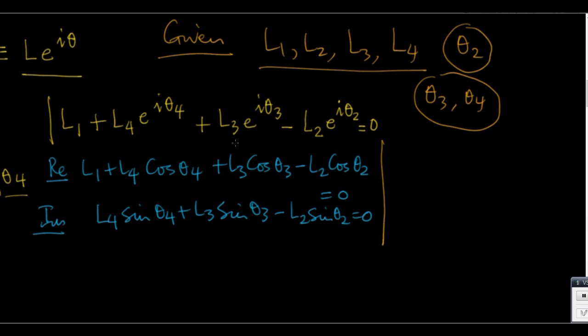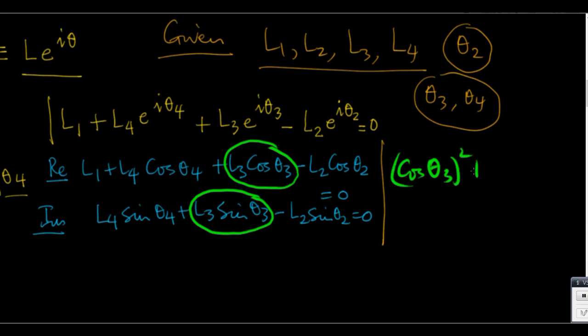And so what we do is we take, let me use green here and a slightly fatter pen. Let us look at this part. We can solve this equation for cos theta 3. We can solve this equation for sin theta 3. Then we get cos theta 3 square plus sin theta 3 square equals 1.